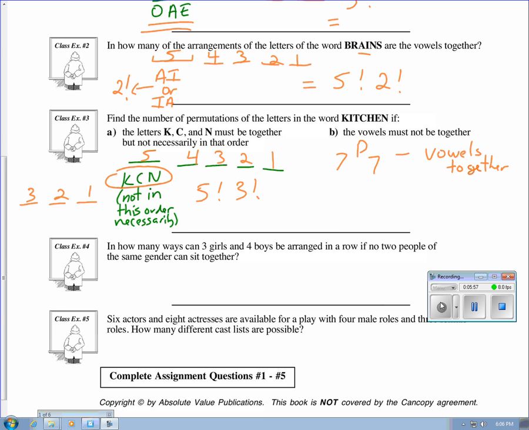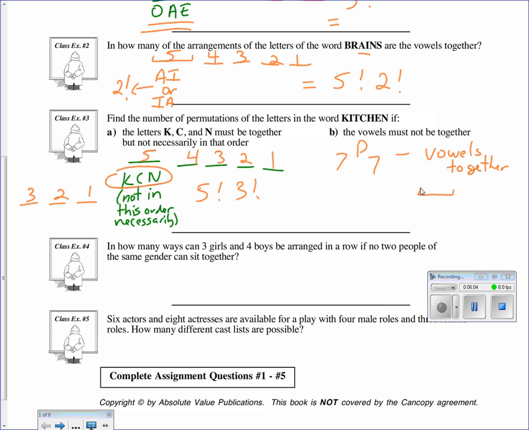So we're getting pretty good at pairing letters together. There are two letters that must be treated as one. That's the letter I and E. And remember, it can be flipped around. Order doesn't matter. And then there are 5 other positions. 1, 2, 3, 4, 5. And I look at my choices.